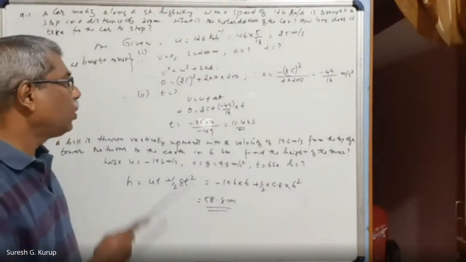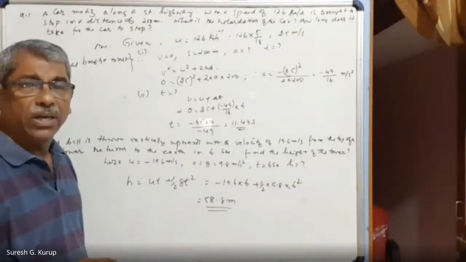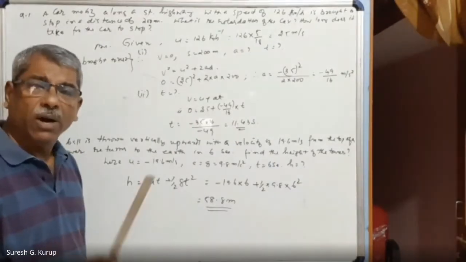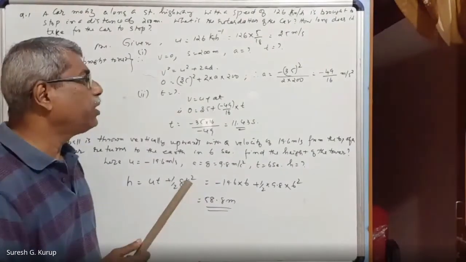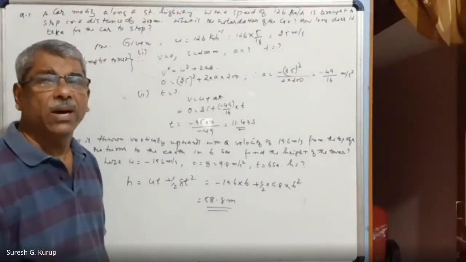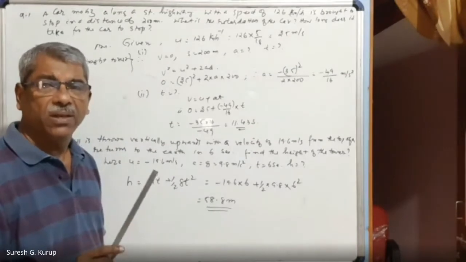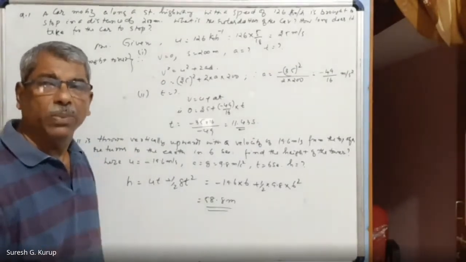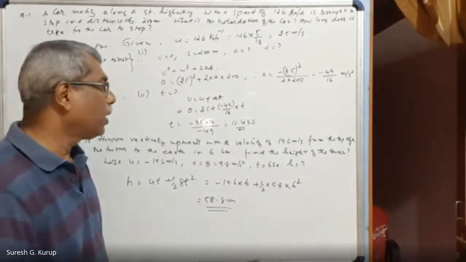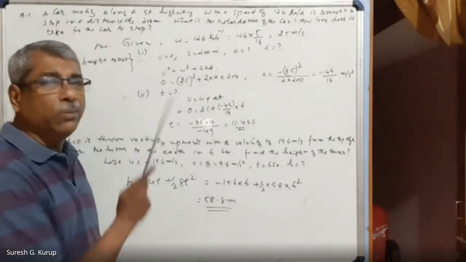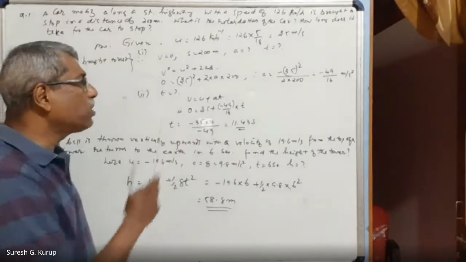Now we have to find out in what time it will stop after traveling a distance of 200 meters. How much time will it take after putting the brakes until the body stops? That is what we have to calculate now. For that we will take v is equal to u plus at.